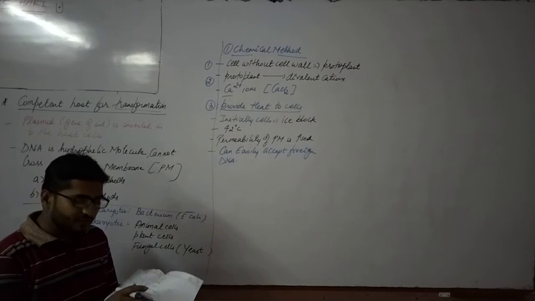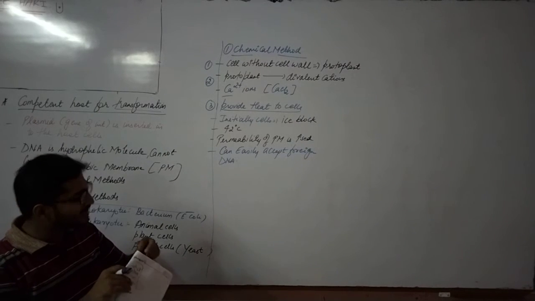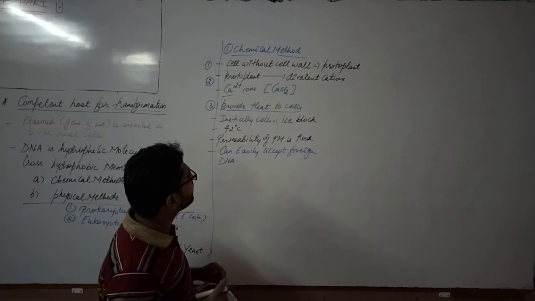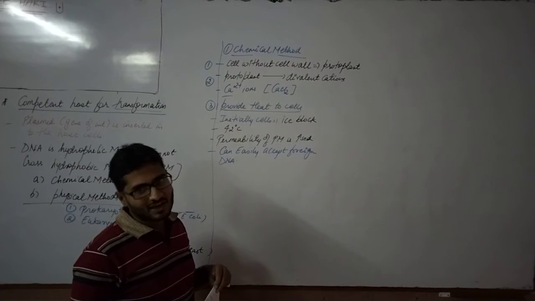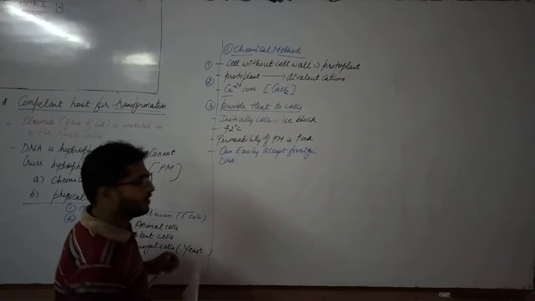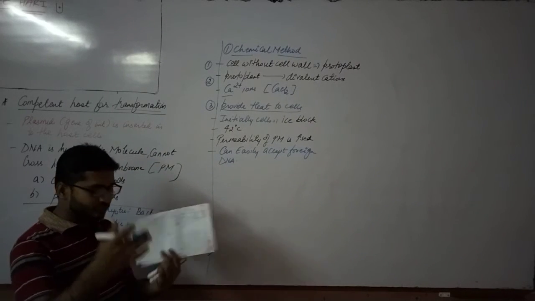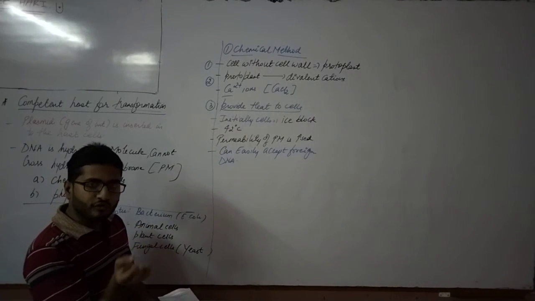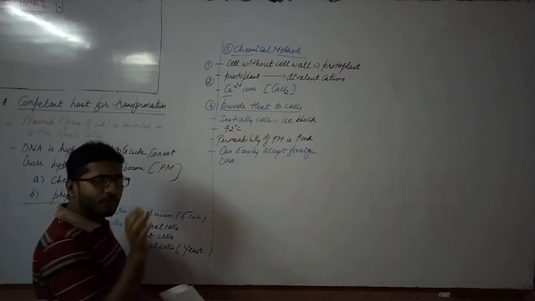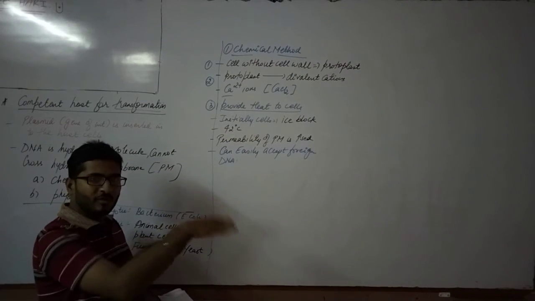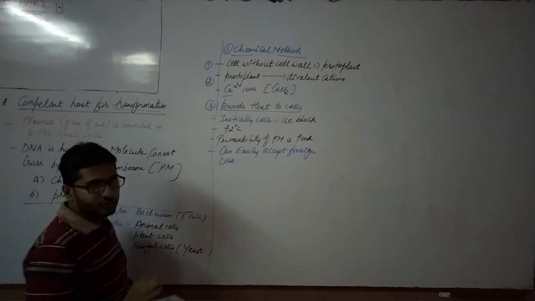So initially what we have done, cell wall was removed from the cells. Cell without cell wall, we call it as protoplast. Treat the cells with the divalent cations like calcium. Source of calcium is calcium chloride. Provide heat to the cells, that is transfer of cells from the ice blocks to heat. Again for few seconds, provide the 42 degrees Celsius, transfer it to the ice block. From ice block, again transfer it to 42 degrees Celsius.